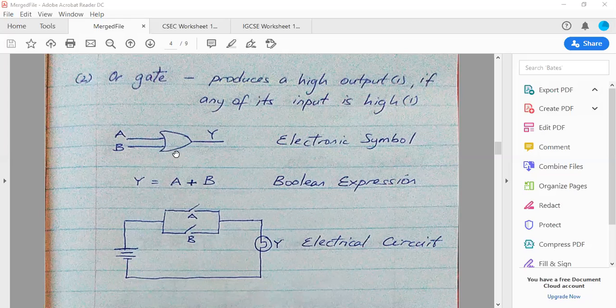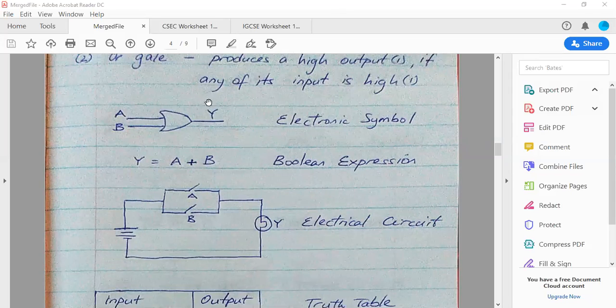Your symbol for the OR gate is this here. You need to know these symbols. All the IGC and CXC students, you will obviously need to know how to draw each of these gates, and how to do a truth table as well as the Boolean expression. Not so much the electrical circuit, however, the electrical circuit just complements the truth table.